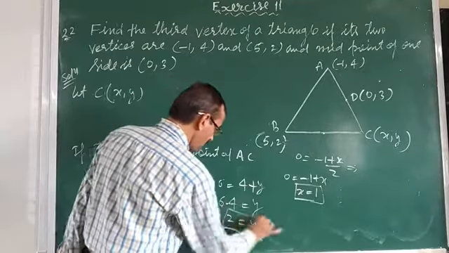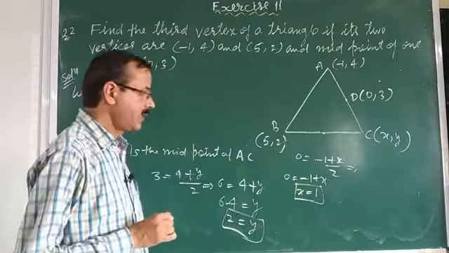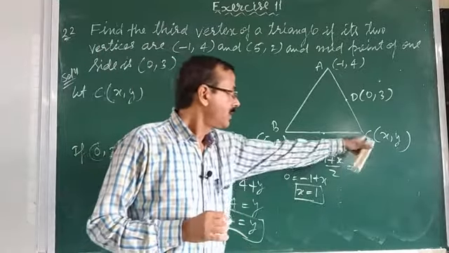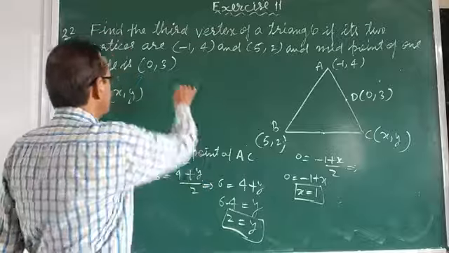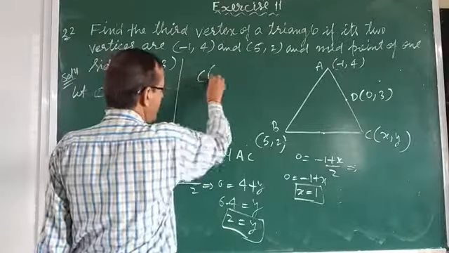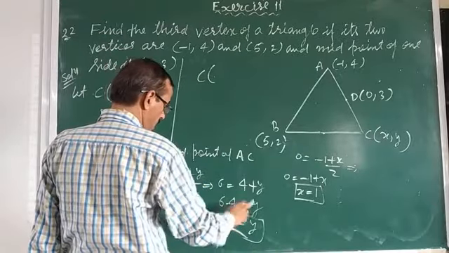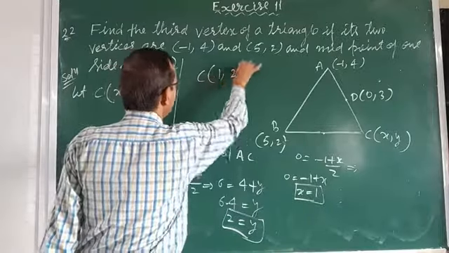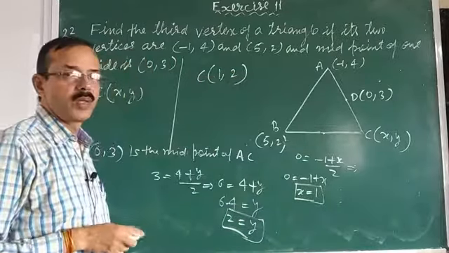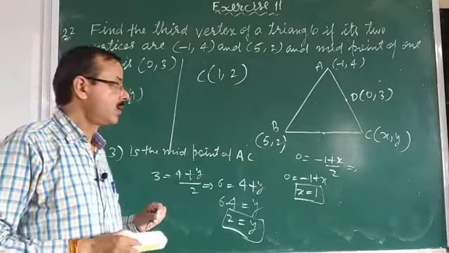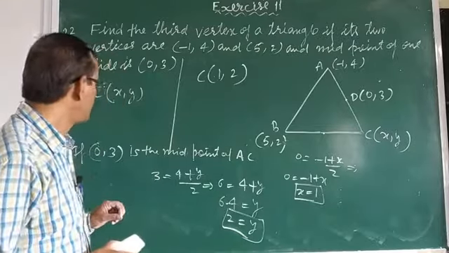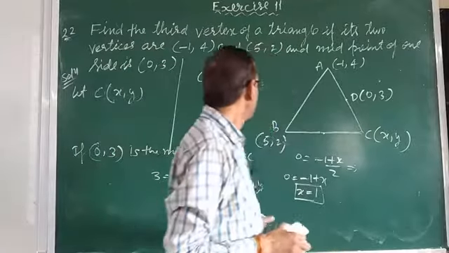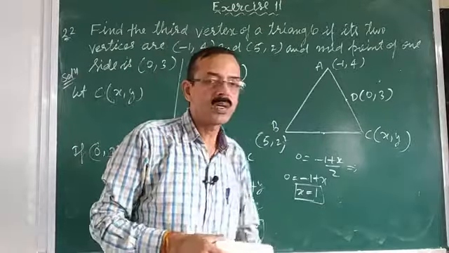So we found in this case x value 1 and y value 2. Then what will be the coordinate of C? The coordinate of C will be 1 comma 2. So we found two coordinates. One was minus 5 comma 4, and the second is 1 comma 2.